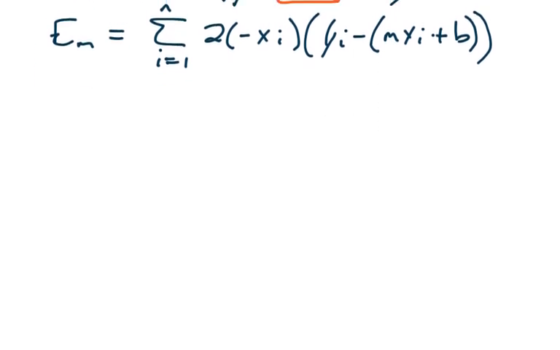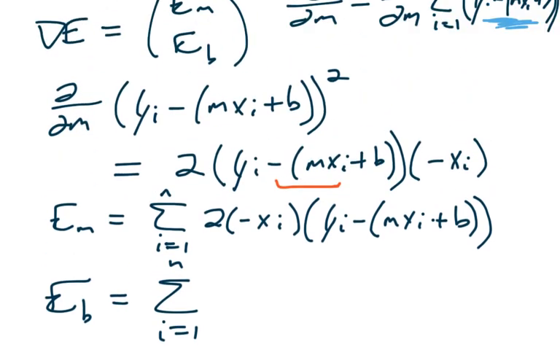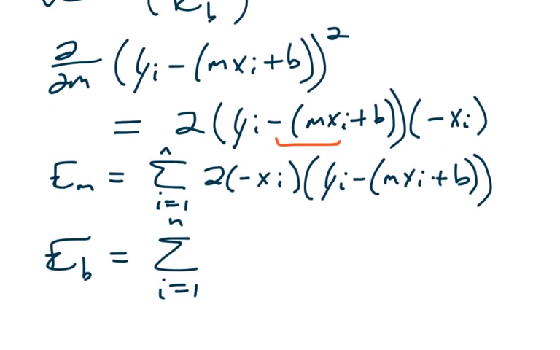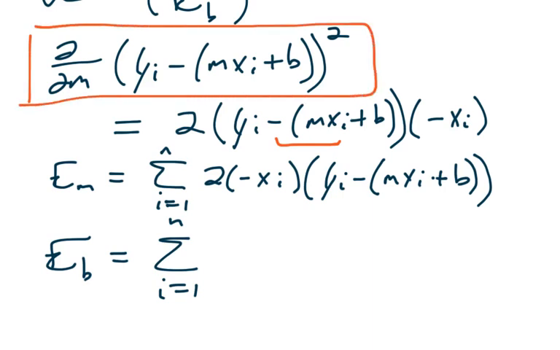Very similarly, the derivative of the error function with respect to b, well, this is just going to be the sum from 1 to n. Right, I'm going to use the exact same logic I just used if I come back to maybe this line right here. Just imagine for a second that you're taking the derivative with respect to b instead. Well, the chain rule is initially going to give you the exact same thing, right?